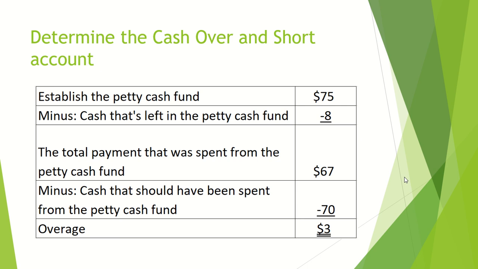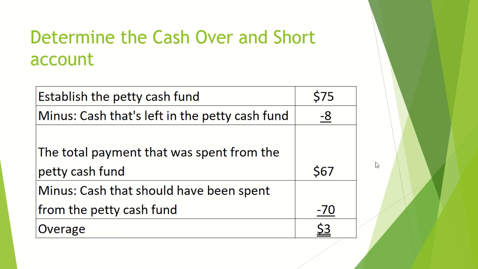So given that example from a couple of slides before, where $8 is remaining, but it should be $5 remaining, you have to determine what the cash over and short is going to be. To establish a petty cash fund, we started off with $75. We're going to subtract out the cash that's actually left in the petty cash fund, which is $8. So that leaves us with $67.